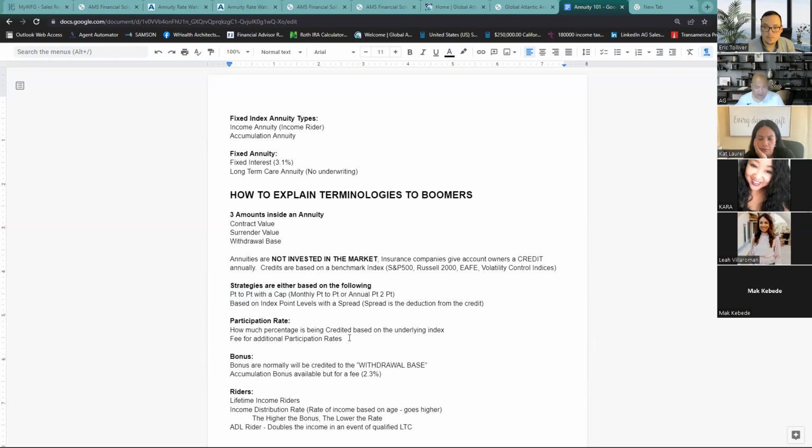As far as the participation rate, this is again based on what the performance of the index is. This is gonna be the multiplier. So if they say S&P 500 50% participation, that means if the S&P does 10 and it's at 50% participation, then they're only gonna get what? 5%, right? 5%.